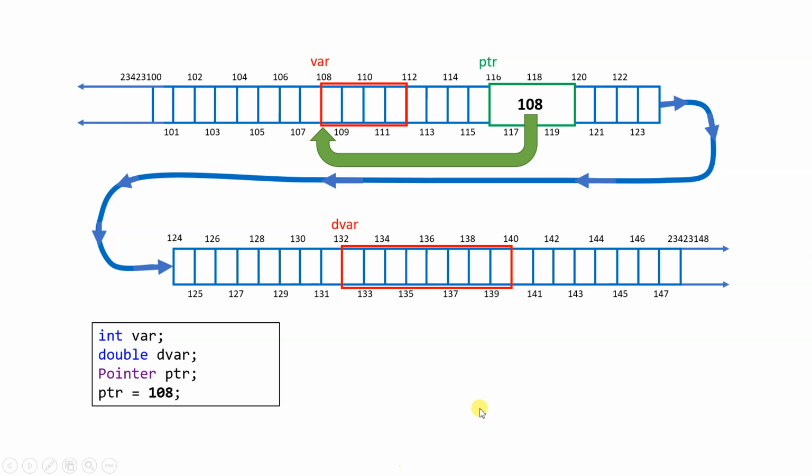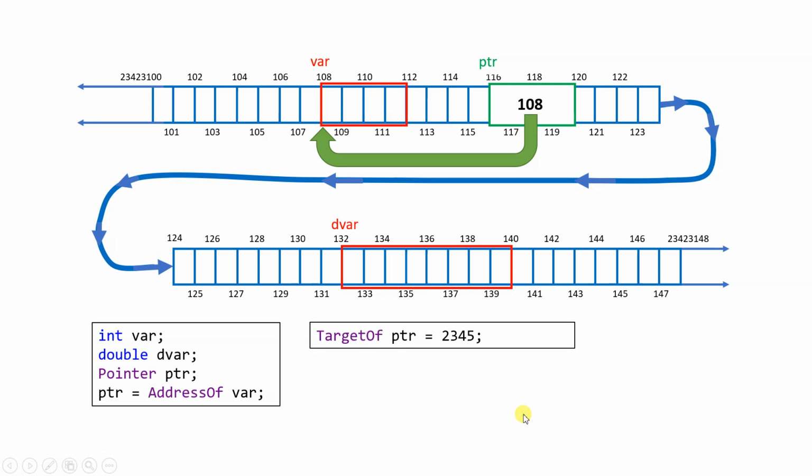So essentially, I need to be able to say PTR is equal to address of var. Are we okay with this? So doing that, we're going to make it 108. And then I need to have yet another operator to put the pointer in front of it and say, I want the target of this pointer to be set to that.